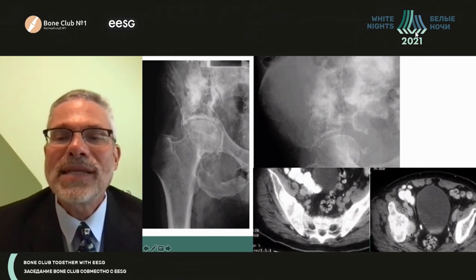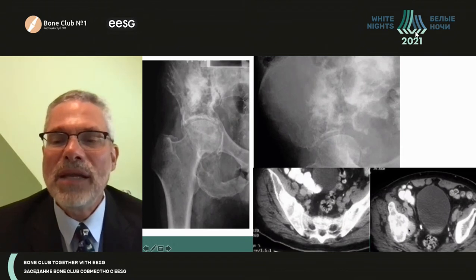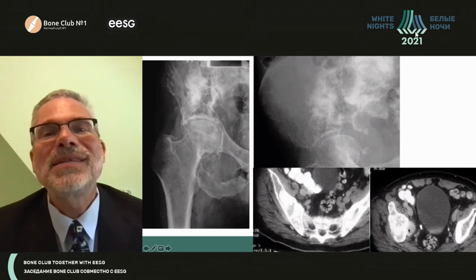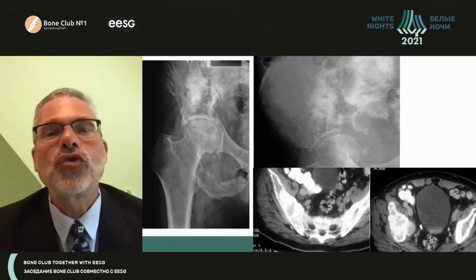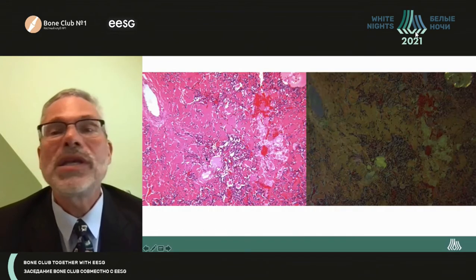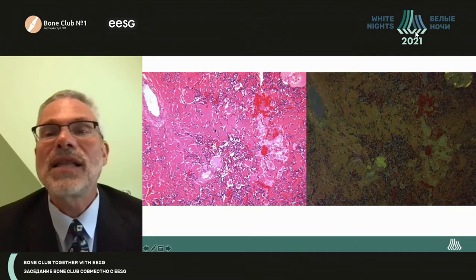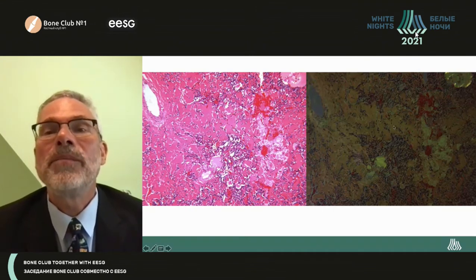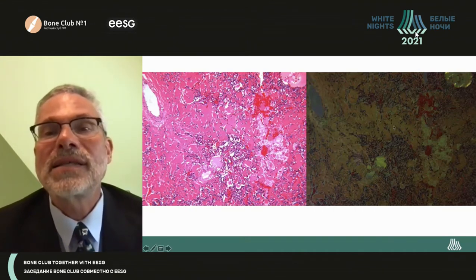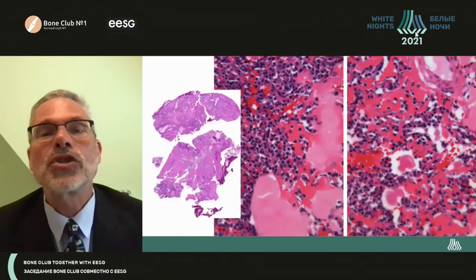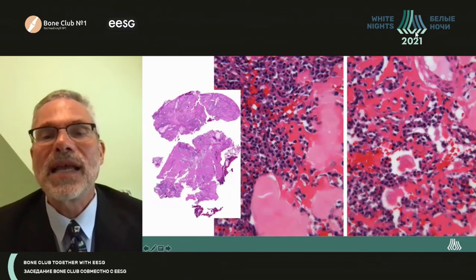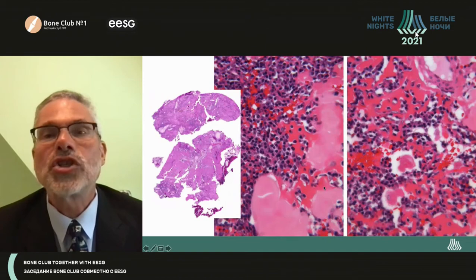With a mass, we see some speckled calcifications extending medial to the acetabulum. This too is suggestive of chondroid calcification, but here we see some sheets of cells and deposits. This is polarized, this is amyloid deposition, and here we see sheets of plasma cells with this amyloid deposition.